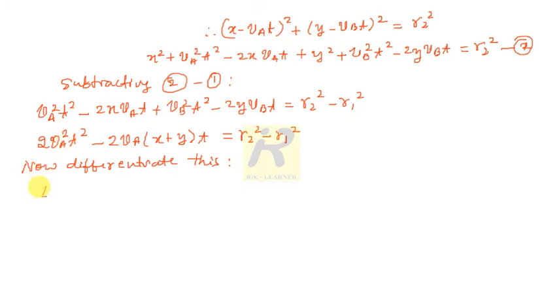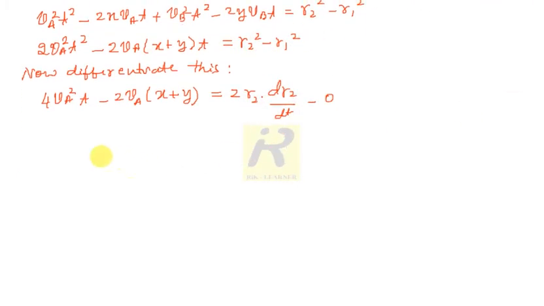We get 4 times va square into t minus 2 va times x plus y, which is a constant, t is the variable, so let it be. This equals, R2 is the variable, that is 2 times R2 into dR2 by dt, and R1 is constant, so I write 0. So now this is the situation.